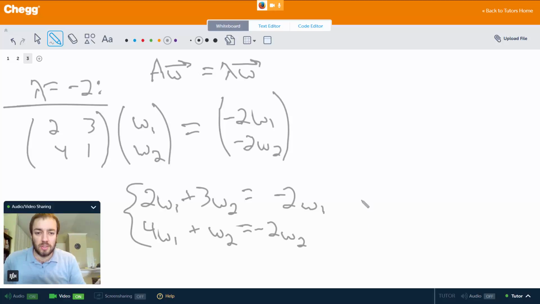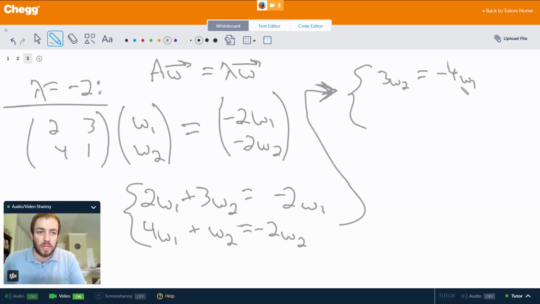If we simplify this, let's come up here, running out of room down there. Subtract 2 w1 from both sides, and we get 3 w2 equals -4 w1. And here, subtract w2 from both sides, and we get 4 w1 equals -3 w2.